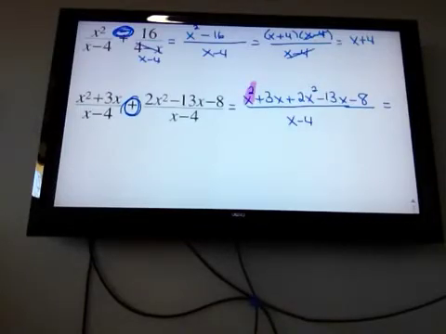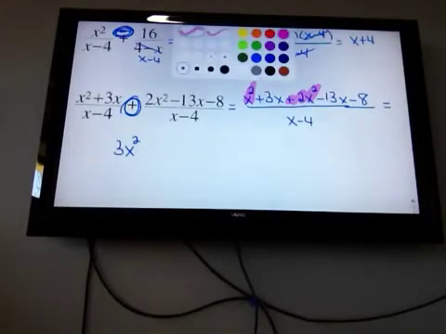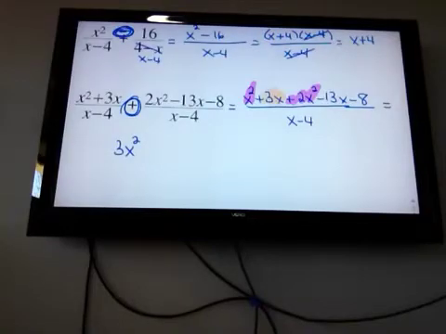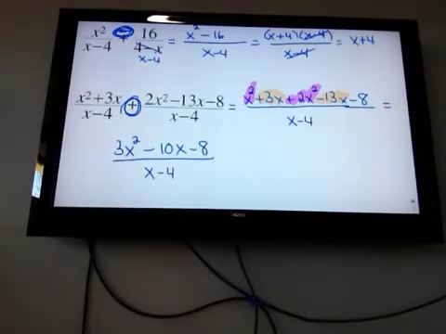So let's add. Our x squareds, 1x squared and 2x squared give me 3x squared. 3x minus 13x gives me minus 10x. And then minus 8 has nothing to be put with. So bring it down. Or over, whatever.